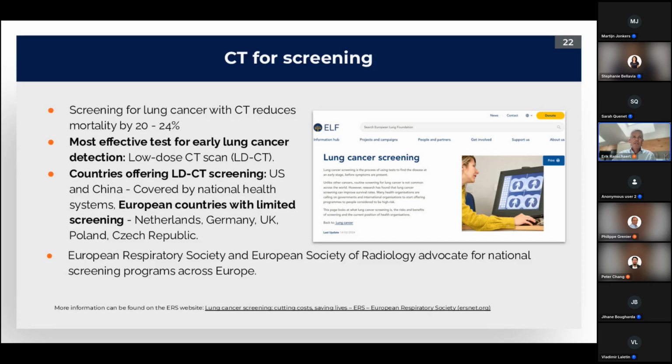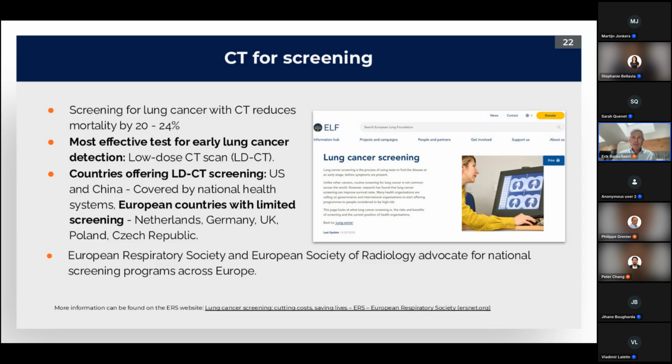The NLST trial, this US-based trial from 2011, showed that CT screening reduced lung cancer mortality by about 20% compared to X-ray screening. And then there's the European, actually Belgium and Netherlands, NELSON trial from 2020 that showed that a 24% reduction in lung cancer mortality could be obtained with CT screening.